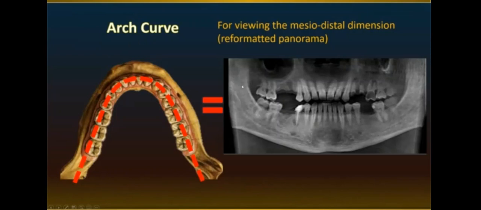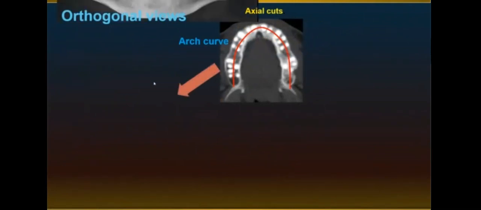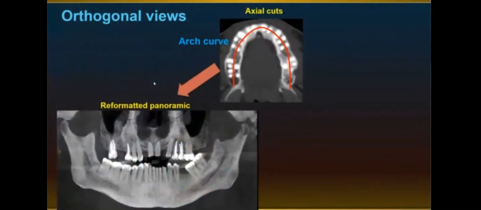You will see an image similar to the panoramic that we are all familiar with, but it's called the reformatted panoramic view. It shows the mesiodistal dimension of the bone and the teeth of the patient. So here again, the arch curve is drawn, and this arch curve will give us the reformatted panoramic.